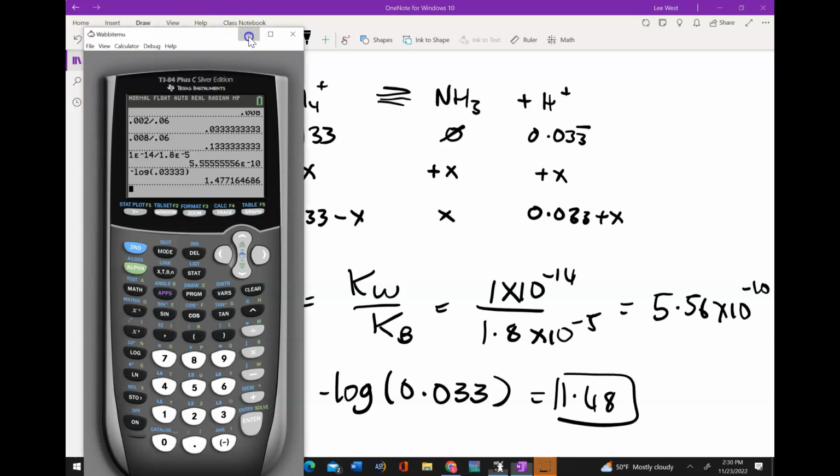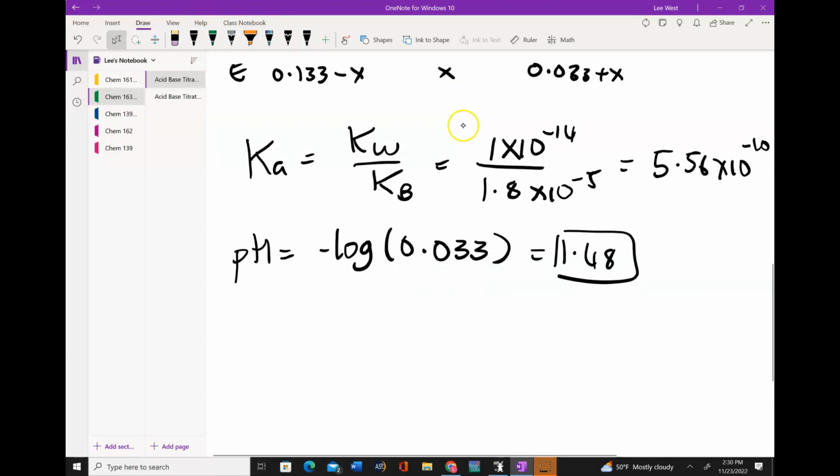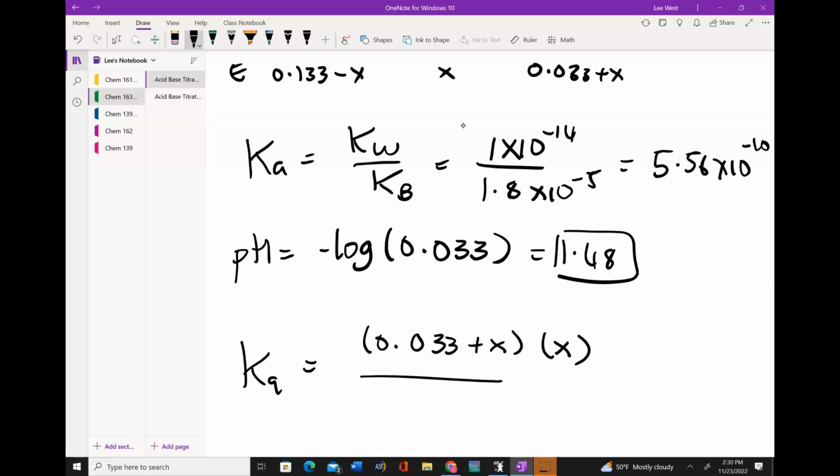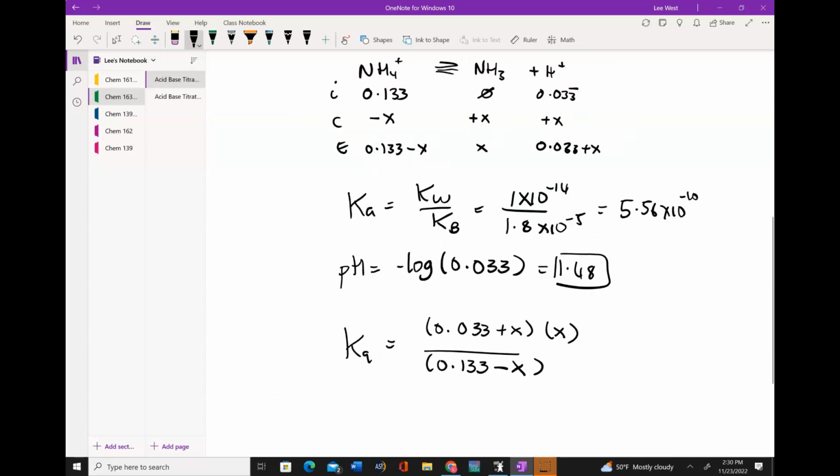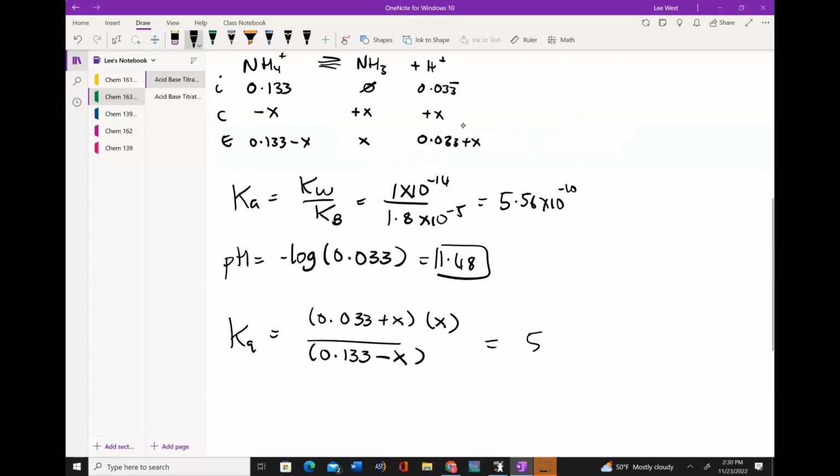Now we can solve it completely. So we know that Ka will be (0.033 plus x) times x over (0.133 minus x), and that is equal to 5.56 times 10 to the minus 10.